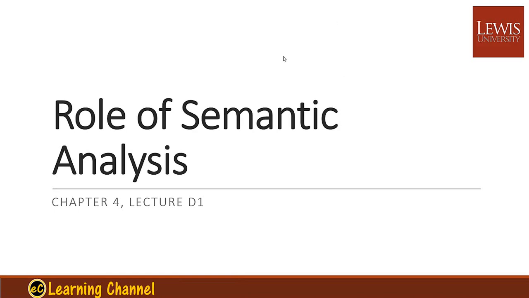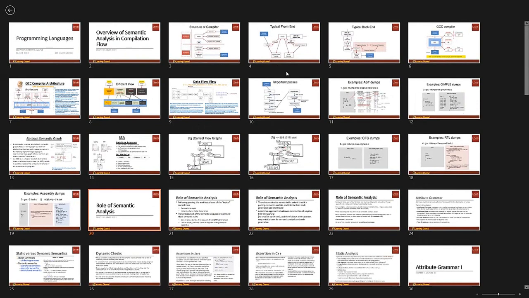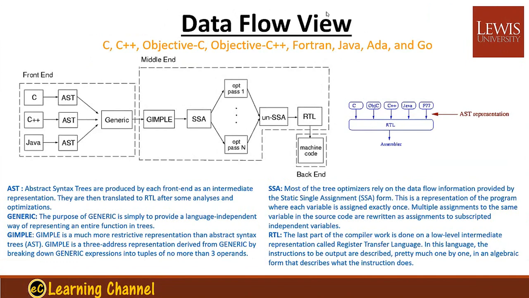Okay. Good. So in the first half we talked about the flow of a compiler, right? Now we are going back to the theoretical study for the semantic analysis. We know this better now, so we are mainly doing this one over here.